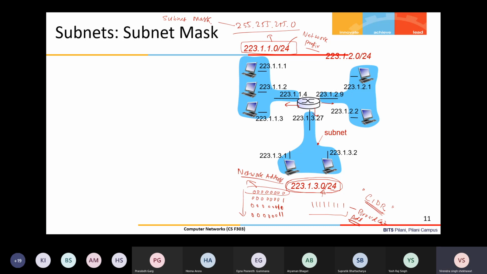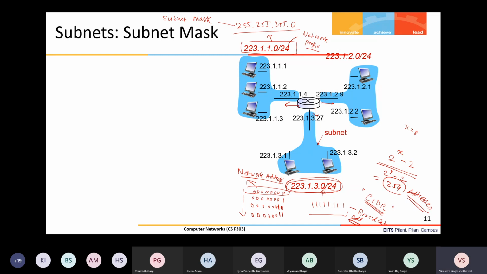So the addresses available to assign are the total host addresses, let us say X bits, minus 2. If X equals 8, then it will be 2 power 8 minus 2, so 254 addresses are available for connecting hosts.